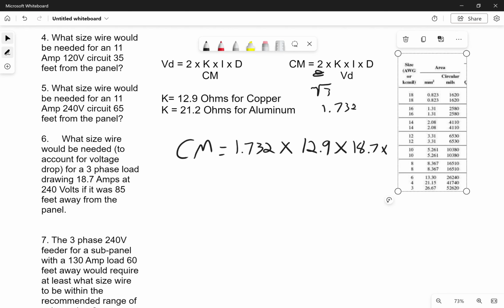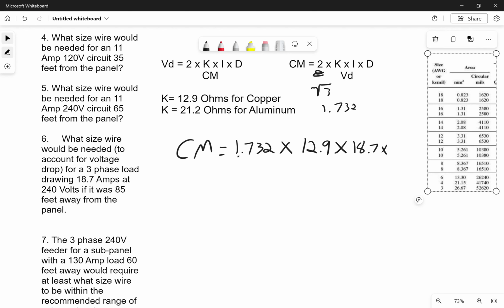Let me move this over a little bit so we've got room. And then all of that gets divided by our allowable voltage drop, which is 7.2 volts.